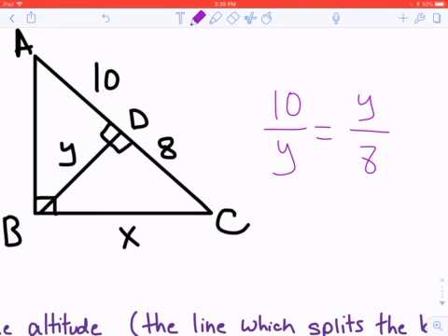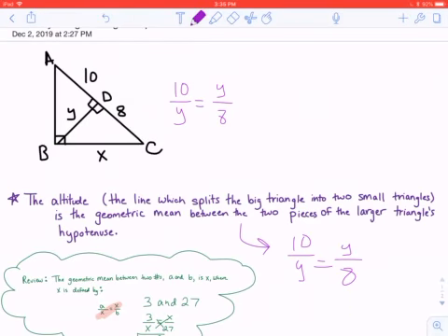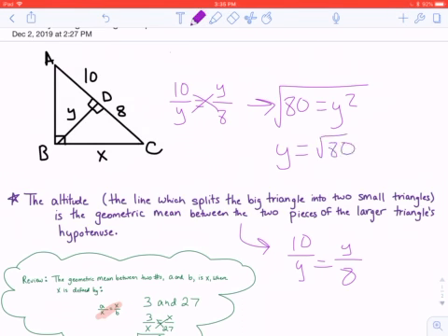So that proportion is always going to be true, and we can easily solve for y by cross-multiplying. Now we have 80 is equal to y squared. Take the square root: y is equal to the square root of 80. Normally you would then simplify this radical expression a bit, but for time's sake, I'm not going to do that here.